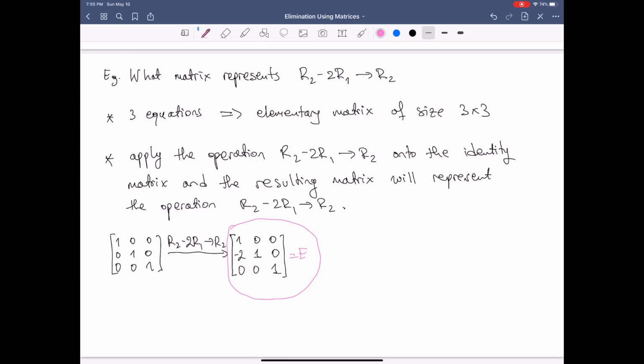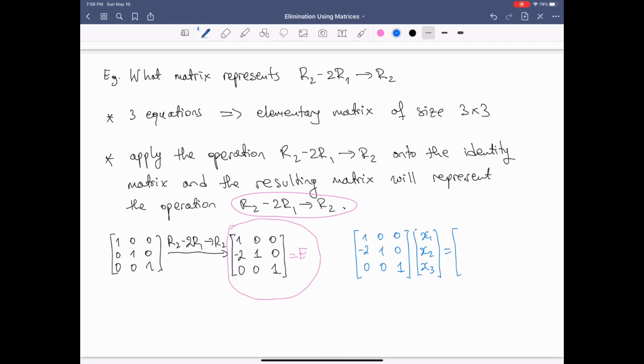Now let's check that when we apply this matrix on a vector, it's the same as if we applied this equation. So let's take this matrix, 1, negative 2, 0, 0, 1, 0, 0, 0, 1, and apply it on a general vector, x1, x2, x3. What will we get?